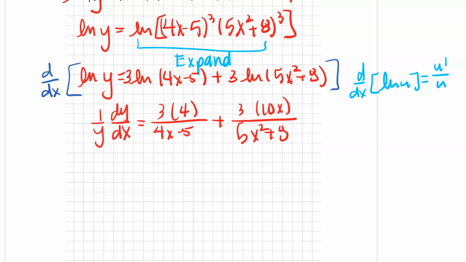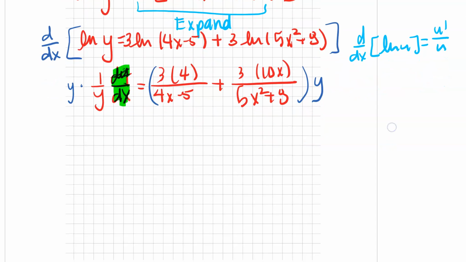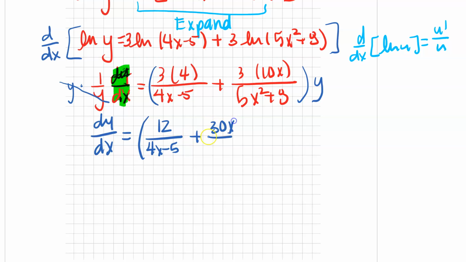So now, if I solve for dy dx, because I want to get that by itself, to get rid of this 1 over y over here, I'm going to multiply both sides by y. So the y's would cancel here, and I have dy dx is equal to, now I'm going to clean this up as I go, 12 over 4x minus 5 plus 40x over 5x squared plus 8, times y.